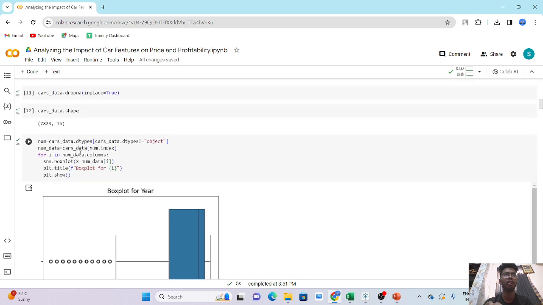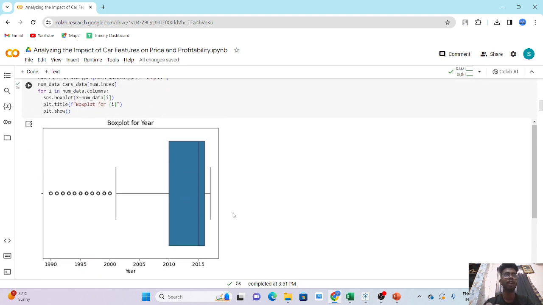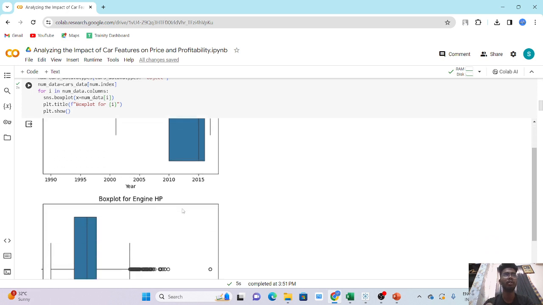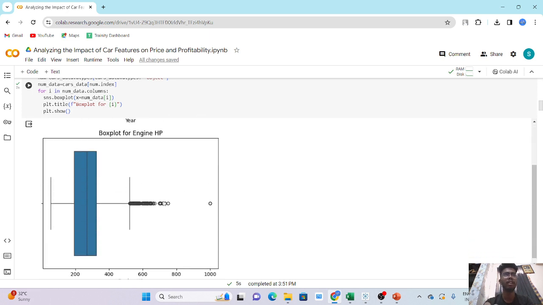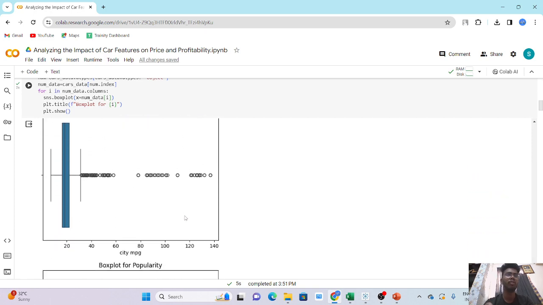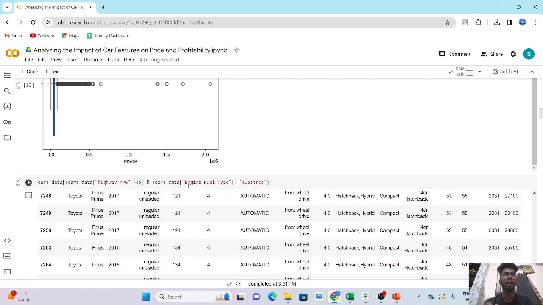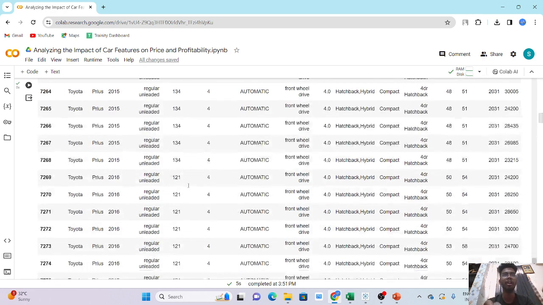We took only the numerical data and used a box plot to find outliers. We can see that engine HP has outliers and engine cylinders has outliers, but these are all valid outliers, so we cannot remove them. For some invalid outliers we have imputed the values.